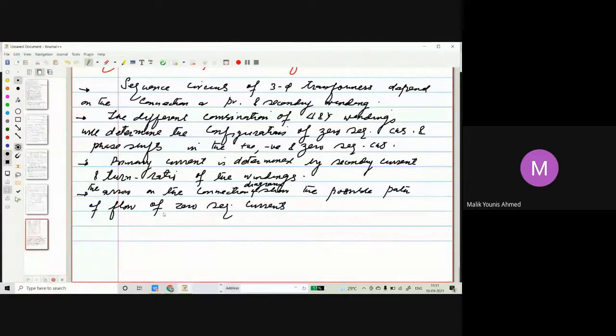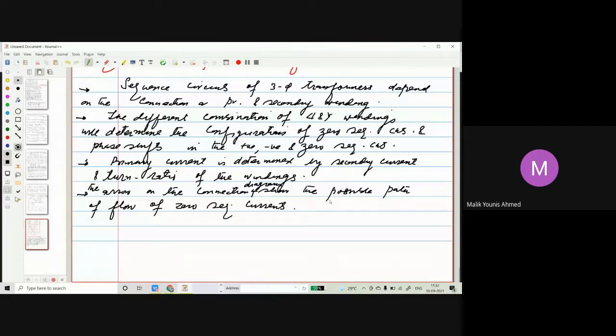Now if the arrow is not there, the absence of an arrow indicates that the transformer connection is such that zero sequence currents cannot flow.